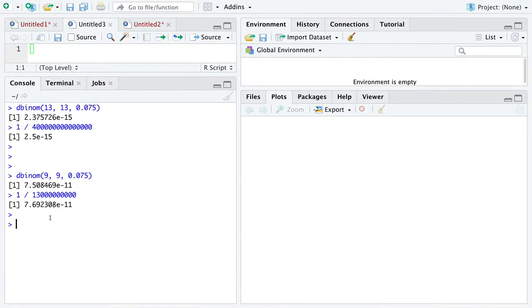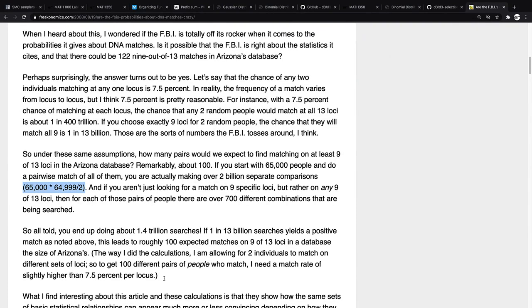Give ourselves some new space. And we'll multiply that by d binom of 9, 13, and 0.075. And now this time it's 9 out of 13 because they're specifically asking for matching 9 out of 13 locations across this many people taken pairwise. So all combinations of 2 people in 65,000 people.